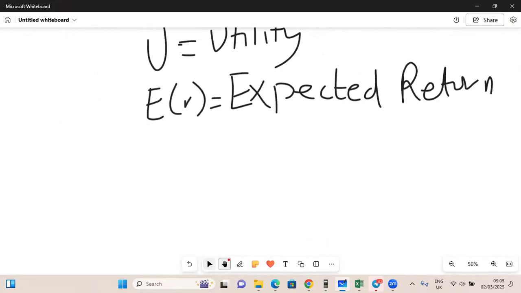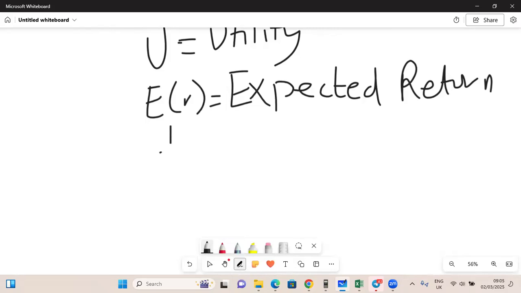And then 1 over 2 is equal to the scaling factor.